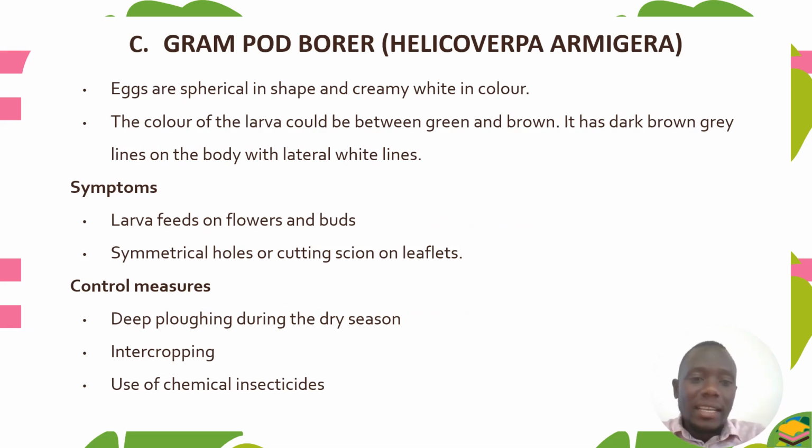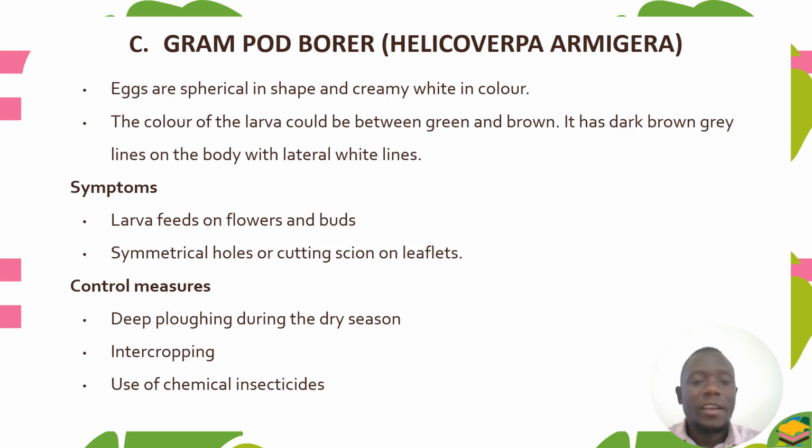Then we've got another pest, which is ground pod borer. Ground pod borer is also a pest of groundnuts. Here are the characteristics for you to know that the field has been attacked by ground pod borer.